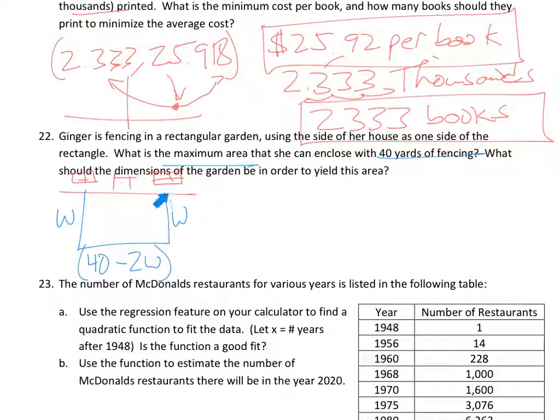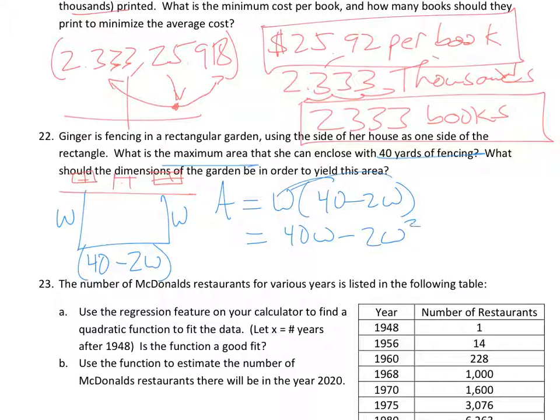If W is the unknown width, then this has to be 40, because I only have 40 yards of fencing, minus 2W. So the area here is W times 40 minus 2W. Okay, and I want this to be a maximum. Now this is actually a quadratic function, because if you distribute this, you have 40W minus 2W squared. Okay, and so that is a parabola, and it has a maximum.